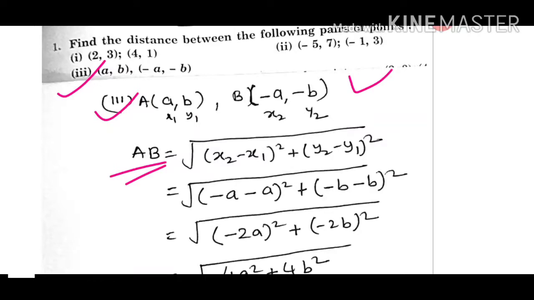Now the formula: AB is equal to root of (x2 minus x1) whole square plus (y2 minus y1) whole square. x2 is here minus a, x1 is here a, and y2 is here minus b, y1 is here b. So all values you will put in the formula. You will get root of (minus 2a) whole square plus (minus 2b) whole square.